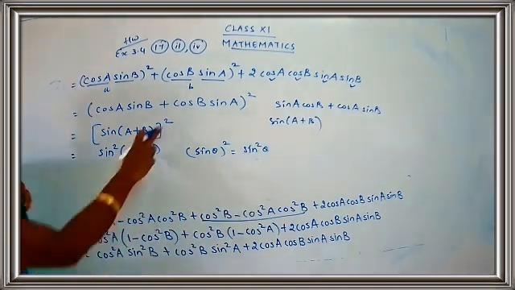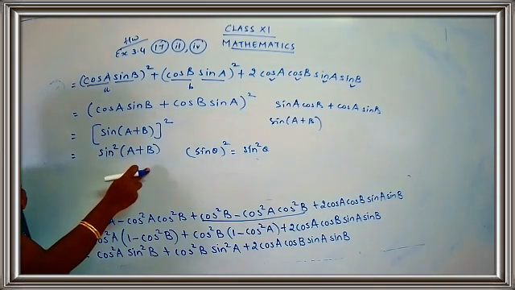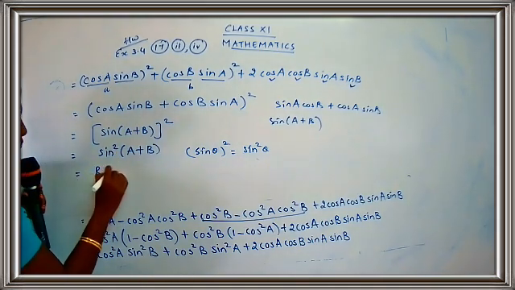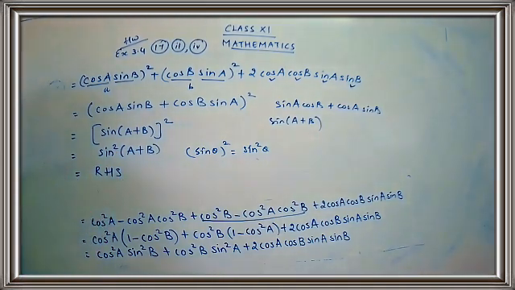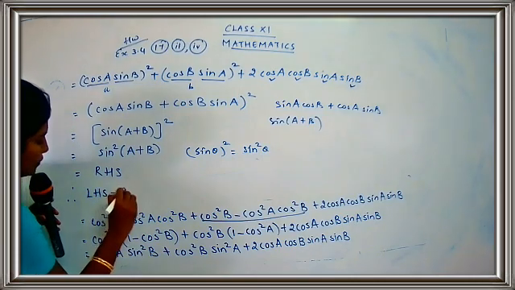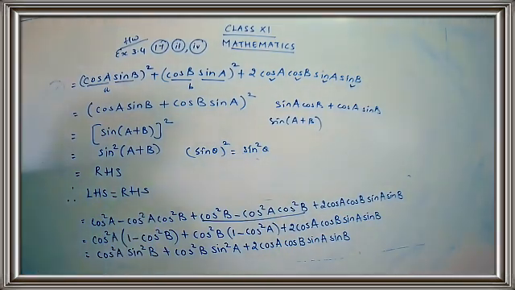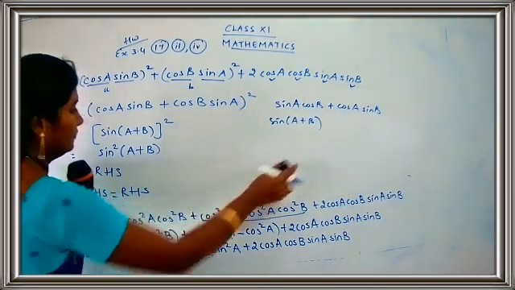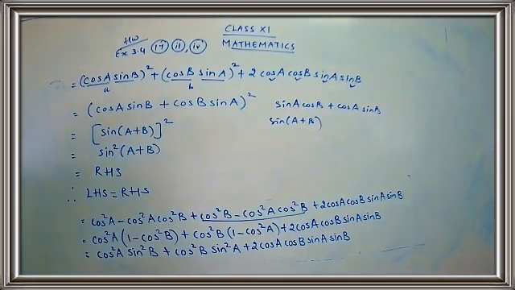So this can be written as sin square of A plus B. This is equal to the RHS. Yes, children? This was the RHS part. Therefore, LHS is equal to RHS. What is given here? To show. You can say hence shown.